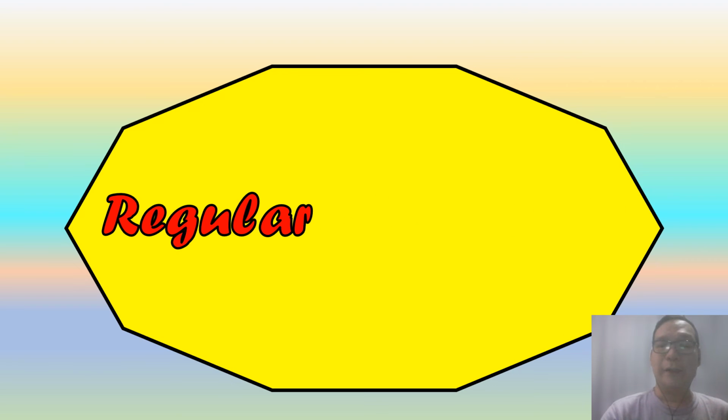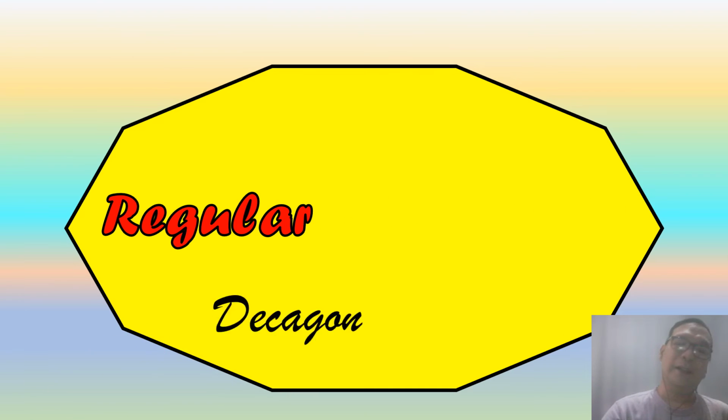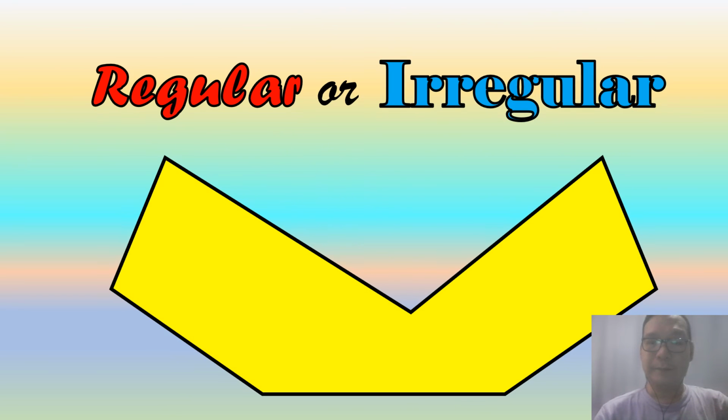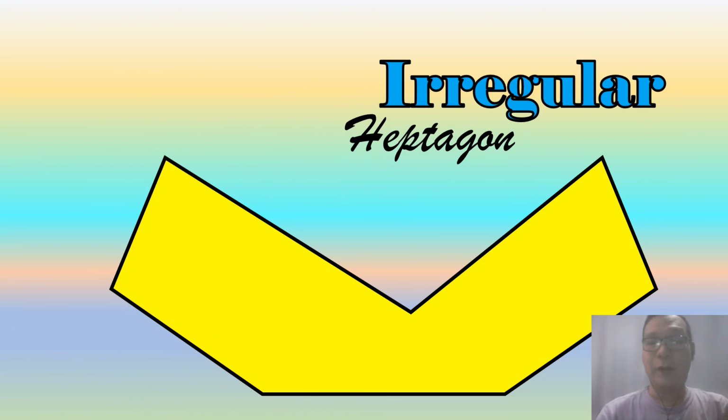Very good. This one is a regular polygon. A regular decagon to be specific. Next one. Regular or irregular? Very good. This is an irregular heptagon.